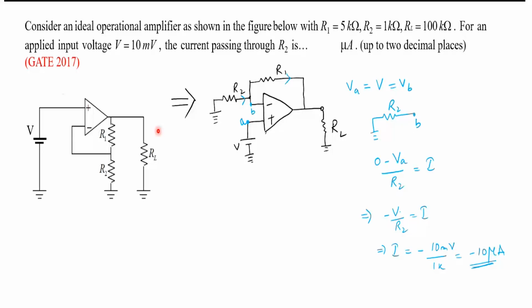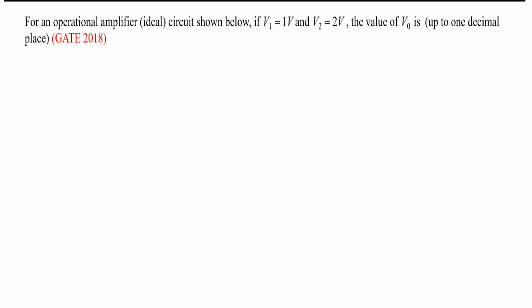Okay, so we move on to the next question. Here I have not drawn the circuit, but let me draw it. In the meantime, please read the question. This was asked in GATE 2018. Minus, plus, this is grounded.